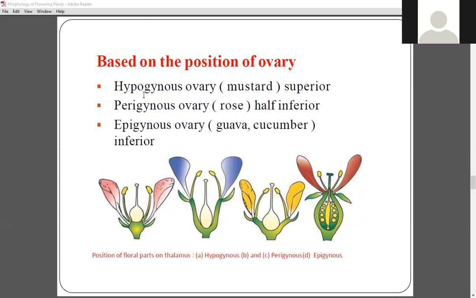First is the hypogynous ovary, which is seen in the mustard, and it is superior. Now you can see the first figure starting from the left side.